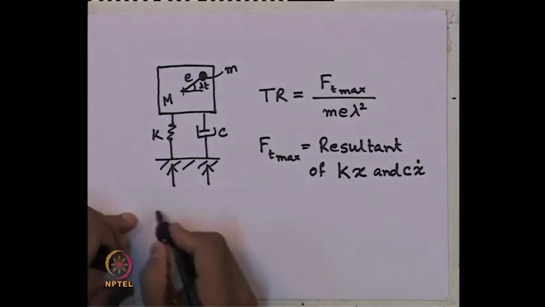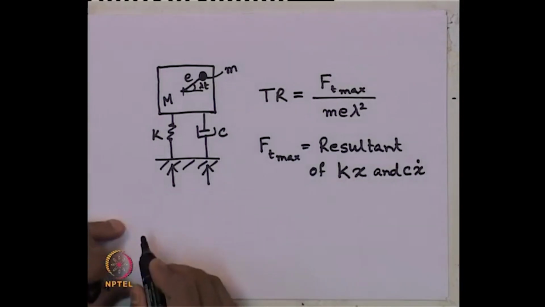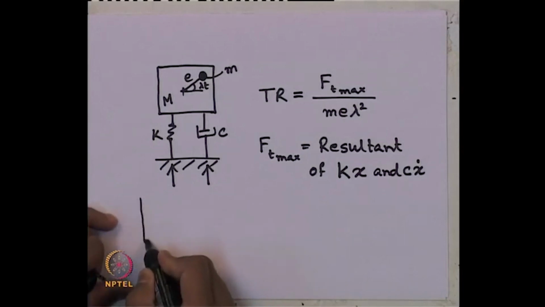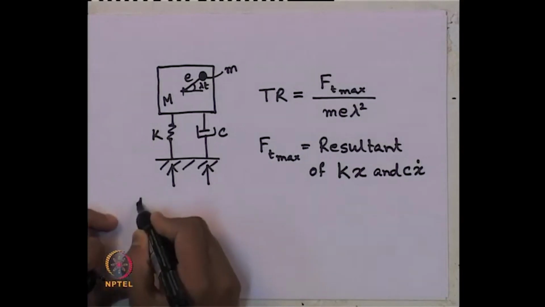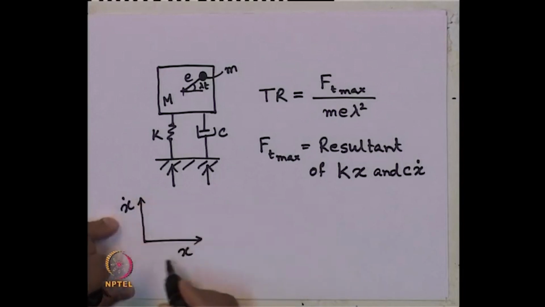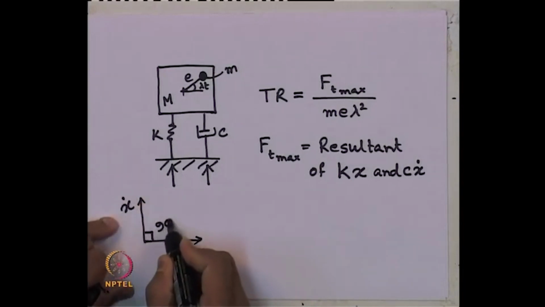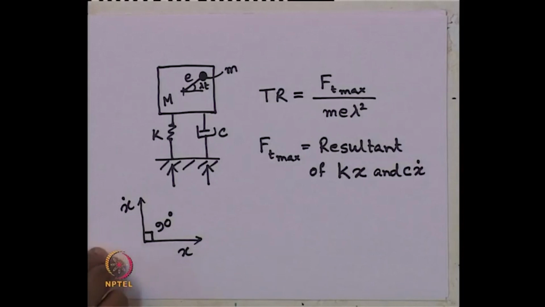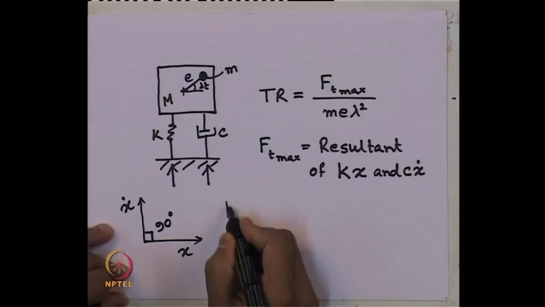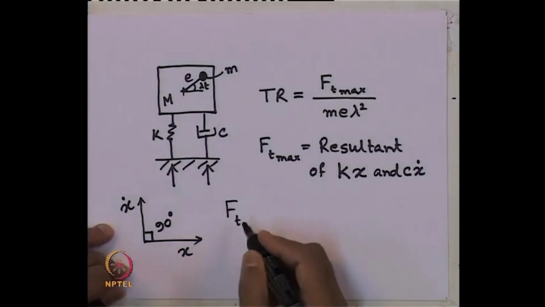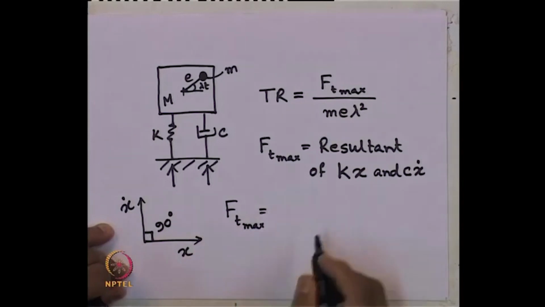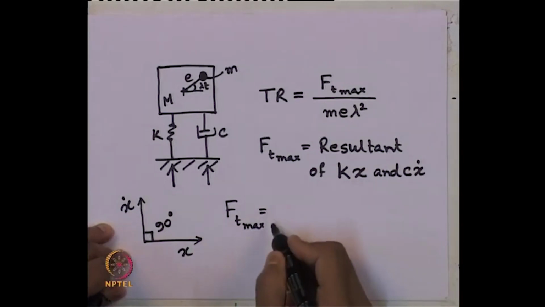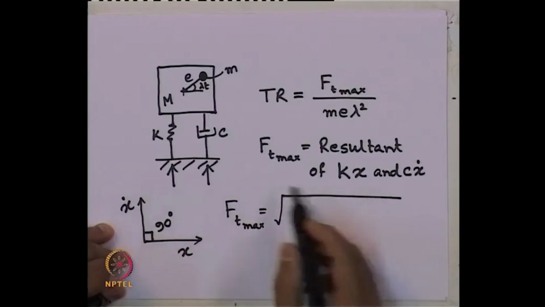Now, remember these two forces are not acting in the same direction, they are orthogonal to each other, because we know the displacement function and velocity function act orthogonal to each other, right. So, what will be the value of f t max? That will be this x, if we express it in terms of the maximum value.